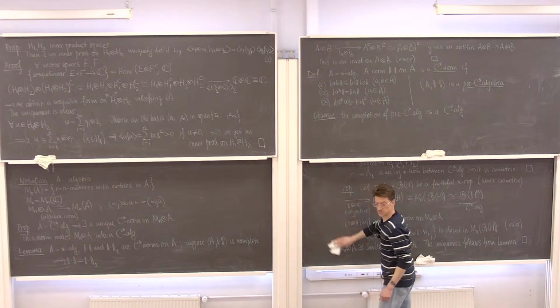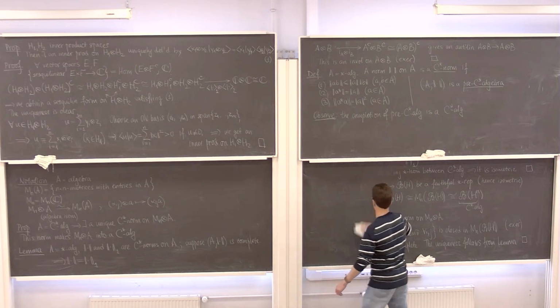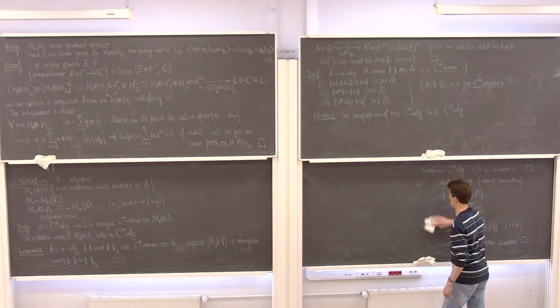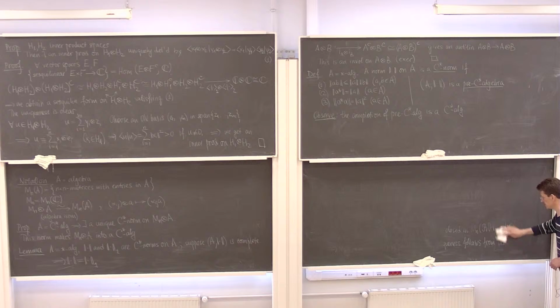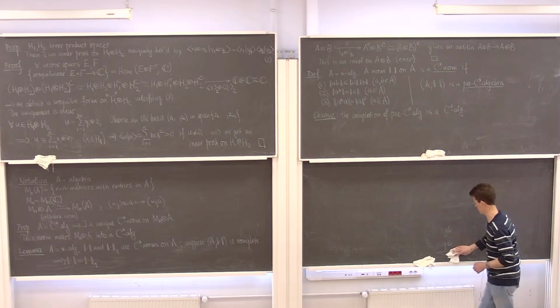So now we can take the completion of this inner product space with respect to this inner product. The resulting Hilbert space is called the Hilbert tensor product of H1 and H2.